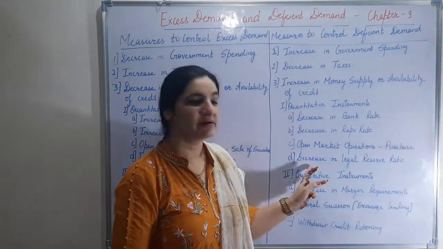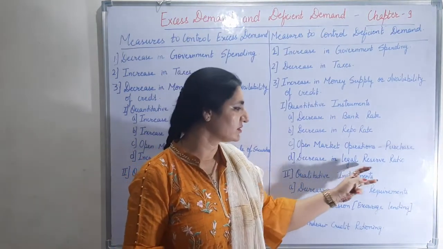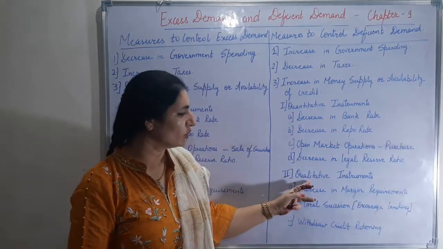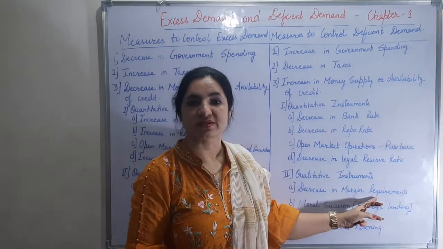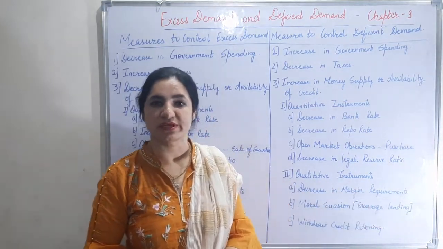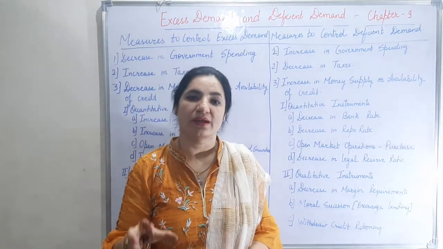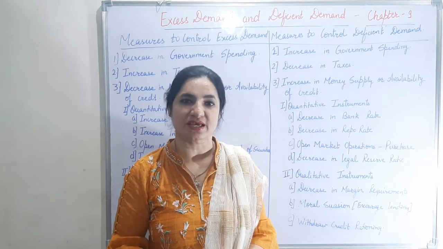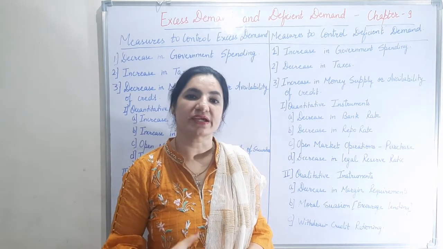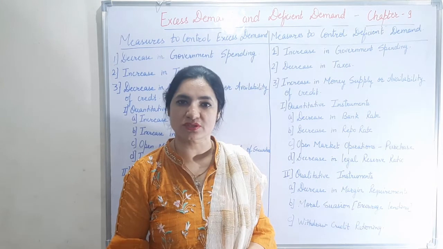Next are the qualitative instruments. First is a decrease in margin requirements. A decrease in margin requirements means the banks keep less money or fewer assets as collateral security and decide to give more loans on those assets.